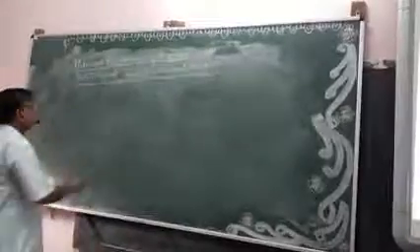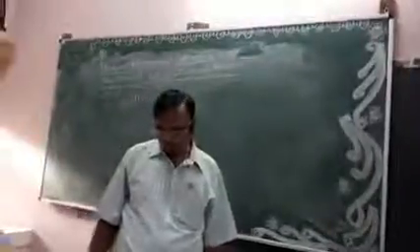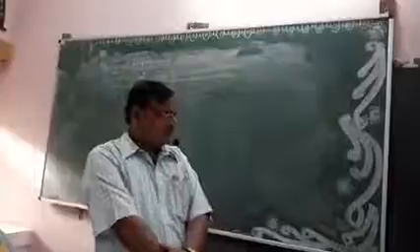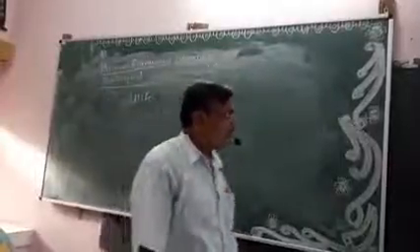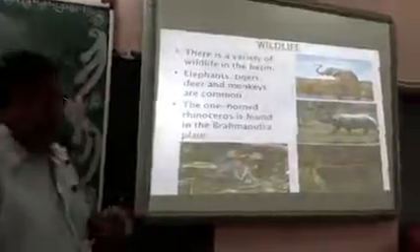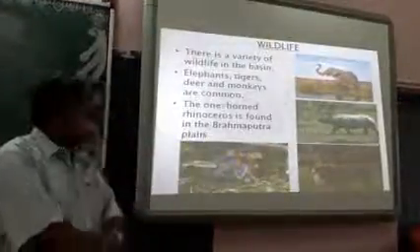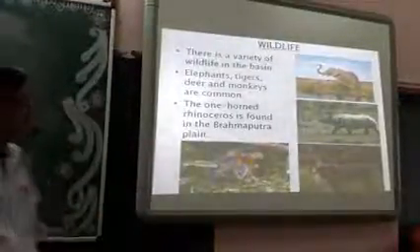So next, what we are going to study is wildlife. Wildlife is also rich in this part. There is a wide variety of wildlife in the basin. For example, elephants, tigers, deer and monkeys are common.